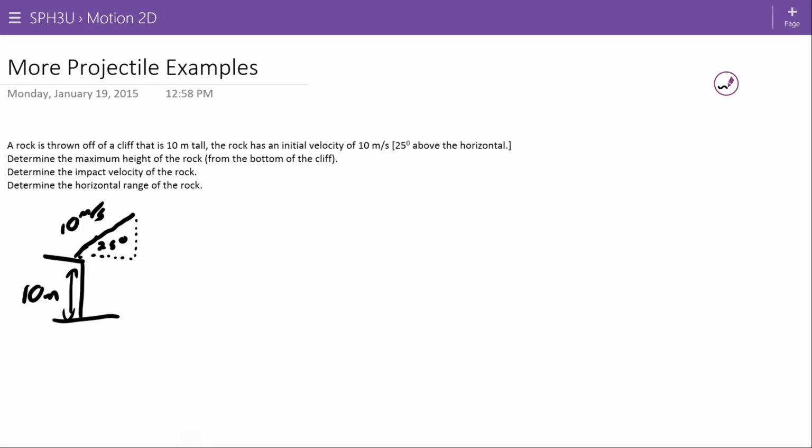So the first thing is we know we're going to handle this problem separately in the horizontal and vertical directions.